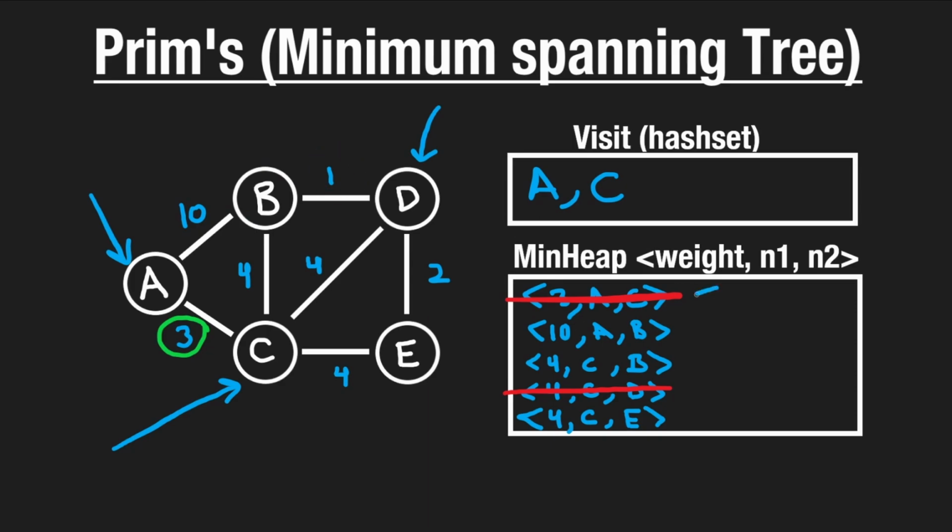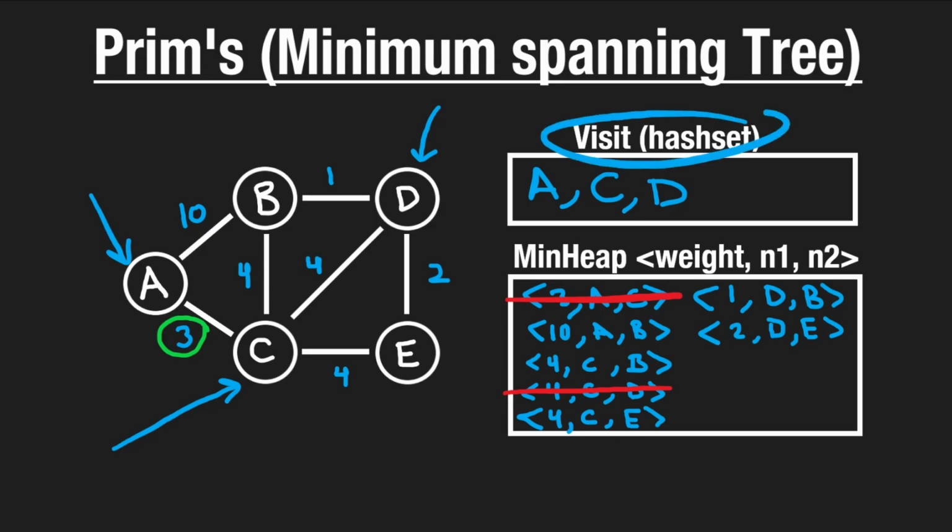The cost is going to be 1 to reach that. We could add C, but it's already been visited, so there's no need to do that. So instead, let's add the other one, E. It has a cost of 2, and that's basically it. By the way, we would also make sure to add D to the visit result, and this edge would be a part of our minimum spanning tree solution.